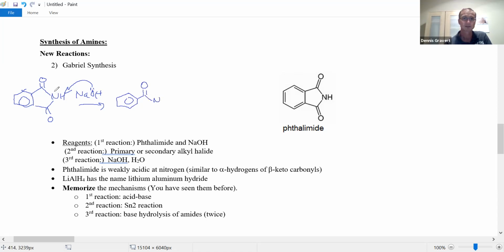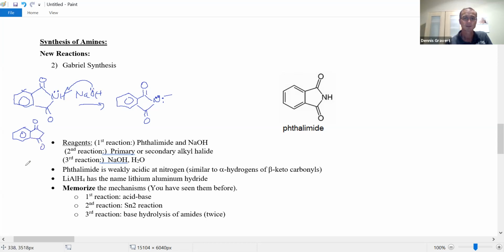Let's see, this nitrogen had a lone pair. Now it has 2, and a negative charge. If you stare at this a while, you'll understand the acidity of this hydrogen. To understand why this hydrogen is acidic, just make the change from nitrogen to carbon.